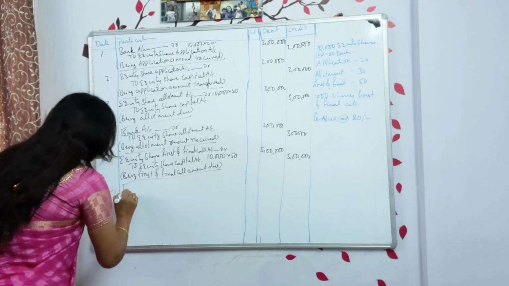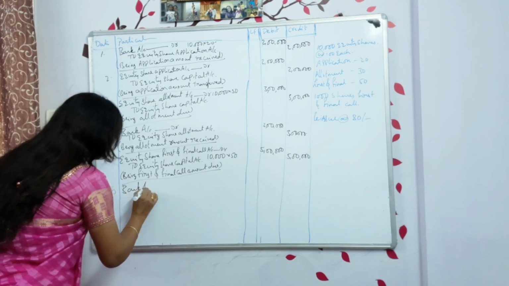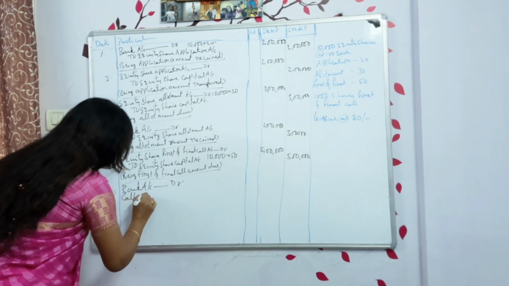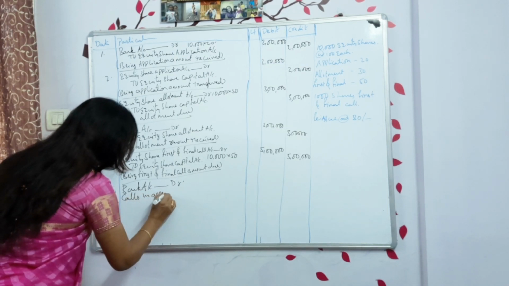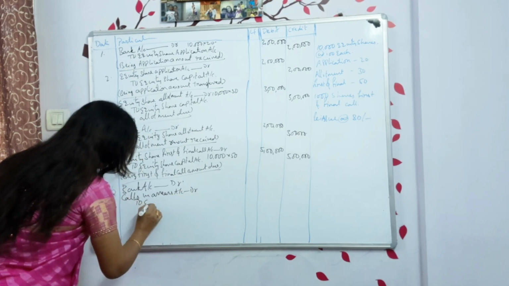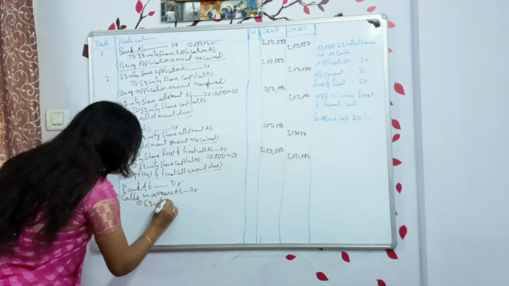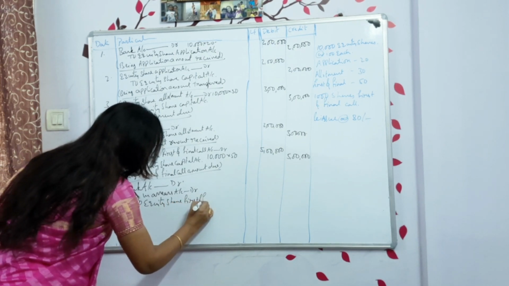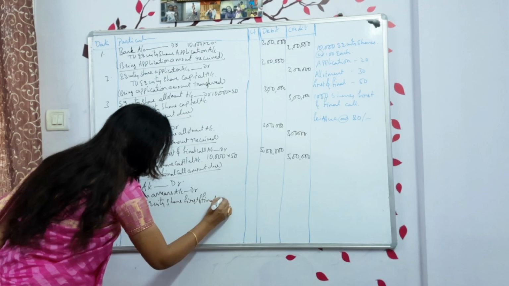Sixth one. Bank account debtor, calls in arrears account debtor, to equity share first and final call account.